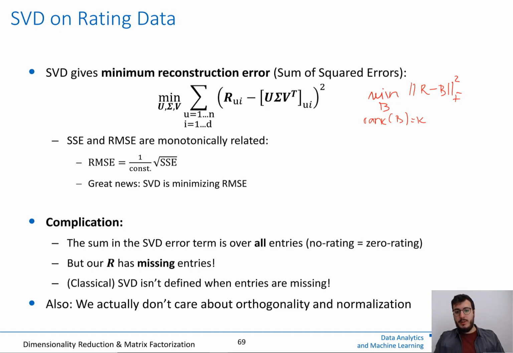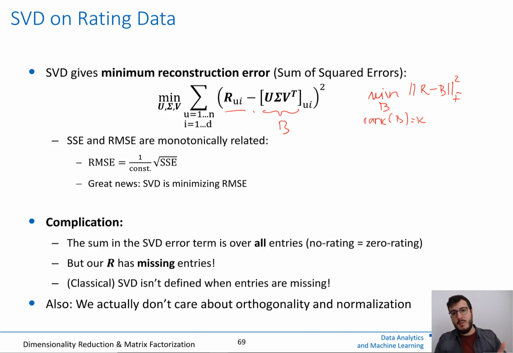And the Frobenius norm is nothing else but the sum of squared errors, right? So all of the terms in R minus all the terms in the reconstruction of R, squared and summed up. And if you now look at the sum of squared errors, we see that the root mean squared error is just monotonically related to the sum of squared errors. It has an additional normalization where it divides by the total number of entries.